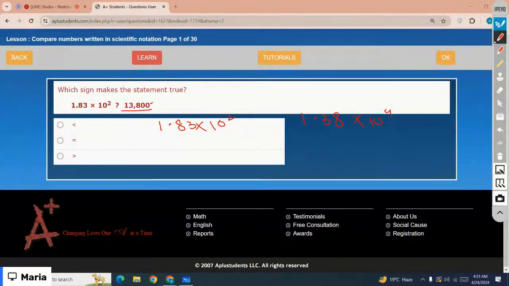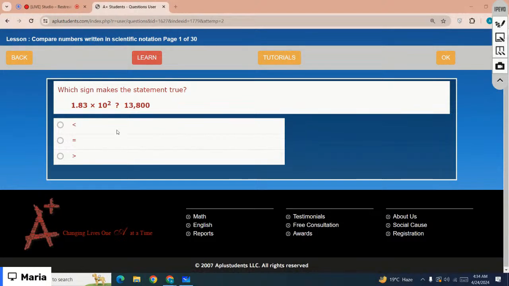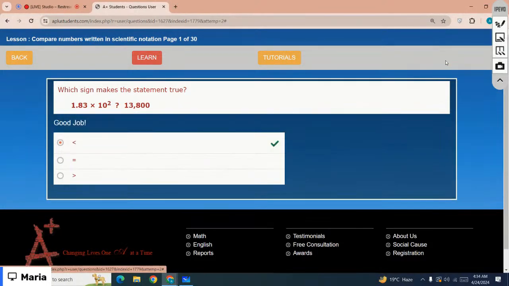Now just look at their exponents. Here you have 2 and here you have 4. 4 is greater than 2, right? So then 1.83 times 10 exponent 2 is less than 1.3 times 10 exponent 4, right? The correct option is less, option number 1. Got it?